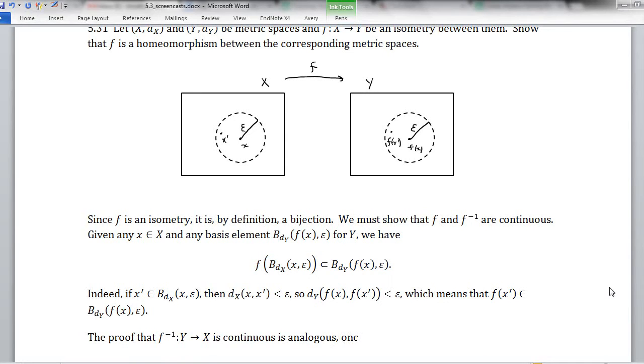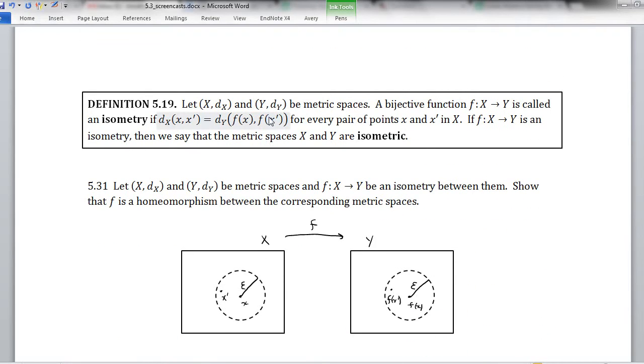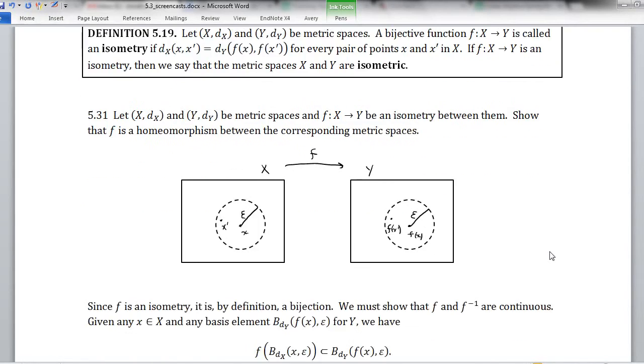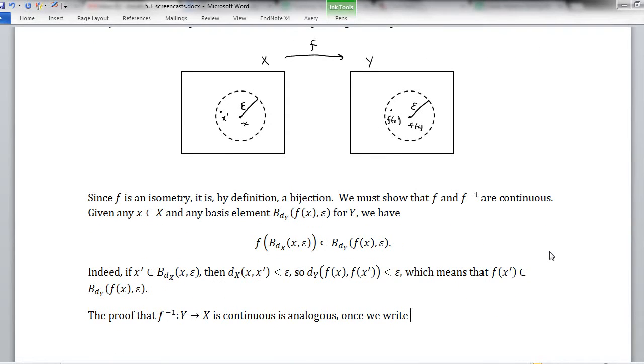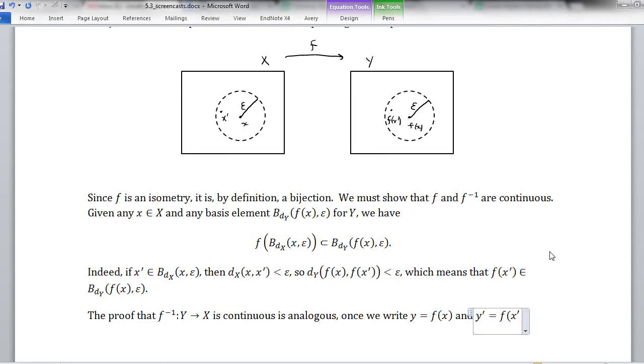Once we need our isometry statement to work from, I need it to be about f inverse instead of f. So I just need to rewrite this, flipping it around, using y's instead of x's. So let's write y equals f of x and y prime equals f of x prime.